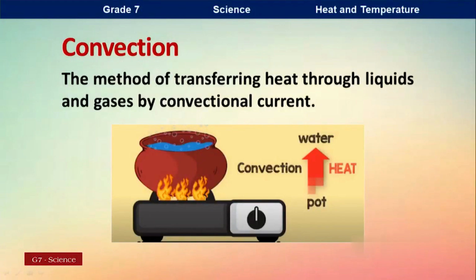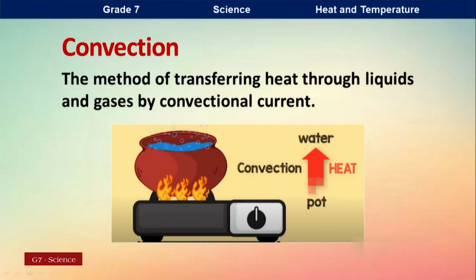There is a word for this, children. Liquids and gases. Liquids or gases are called fluids. You may have learnt it, or if you haven't, learn it now. Both liquids and gases we call fluids. So, where does convection take place then?